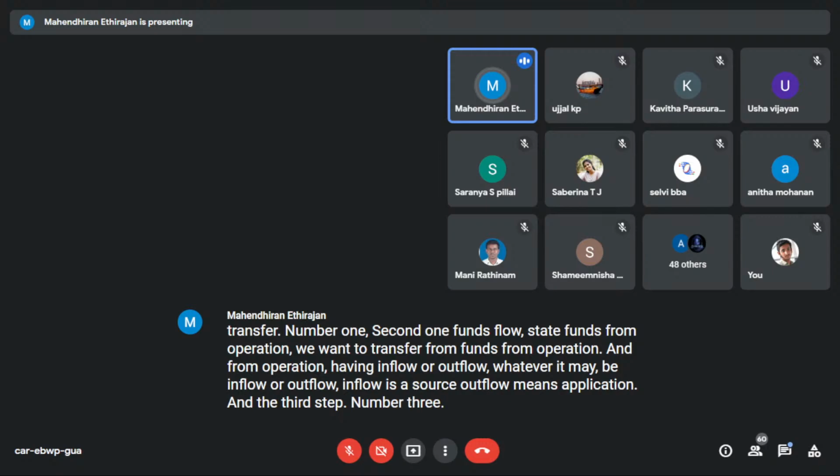Most probably inventory or stock is given. You can write stock, prepaid expenses, accrued incomes. These are the items that appear on the current asset side.